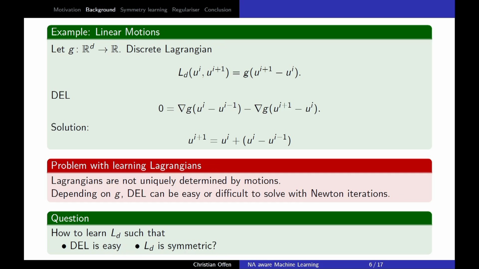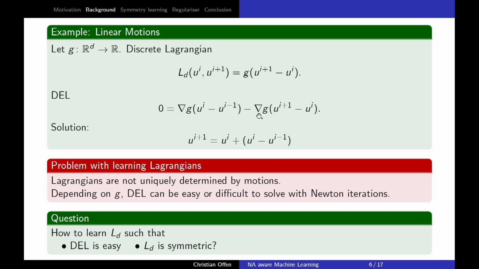Say you're observing linear motions, and there are many, many discrete Lagrangians that govern linear motions. Take any scalar-valued g defined on R^d, and then you can build this discrete Lagrangian here. The discrete Euler-Lagrange equations look like this, and the solutions are linear motions.